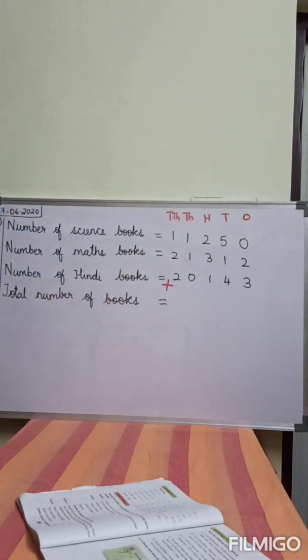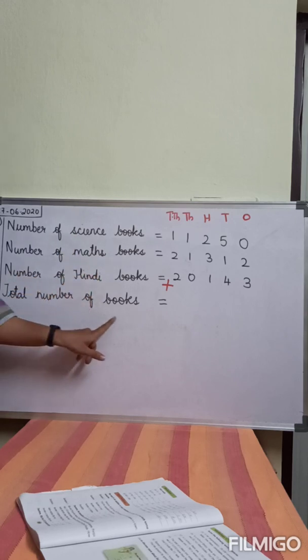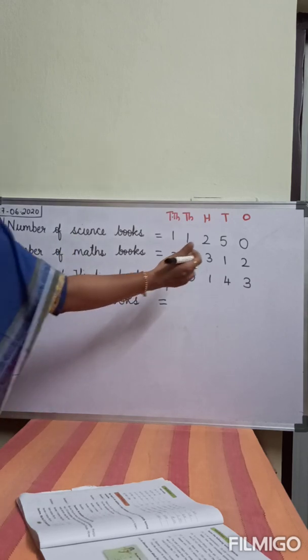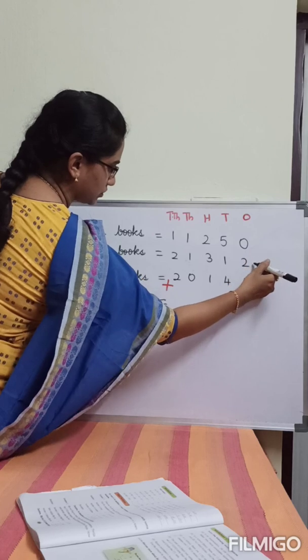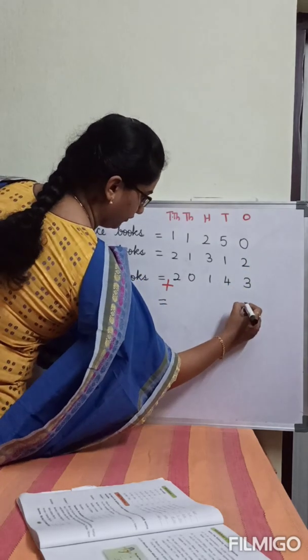We have to add all the three because it talks about science books, maths books and Hindi books. Total number of books in the library. We will start from ones column. 0 plus 2, 2 plus 3, 5.